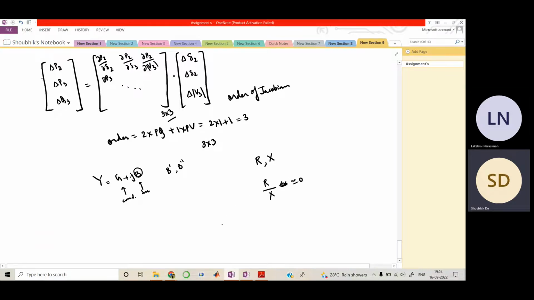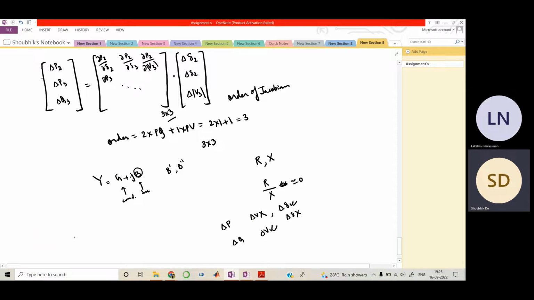That is why, for the real power, the effect of the fluctuations of voltage in the line is neglected. Only the fluctuations of delta, the load angle, are considered, and for the reactive power, the delta effect is neglected. Only the fluctuations of voltage are considered.